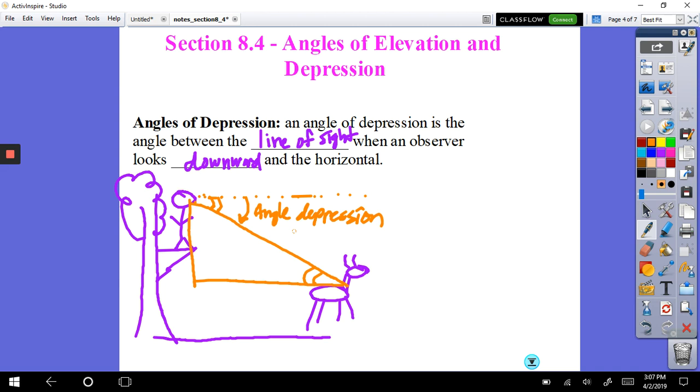So these two angles are congruent, so if you know one of them, you can just plug in for the other one. If we knew this downward angle was 30 degrees, this upward elevation angle would also be 30 degrees. That'll be useful as we go through the next few examples.